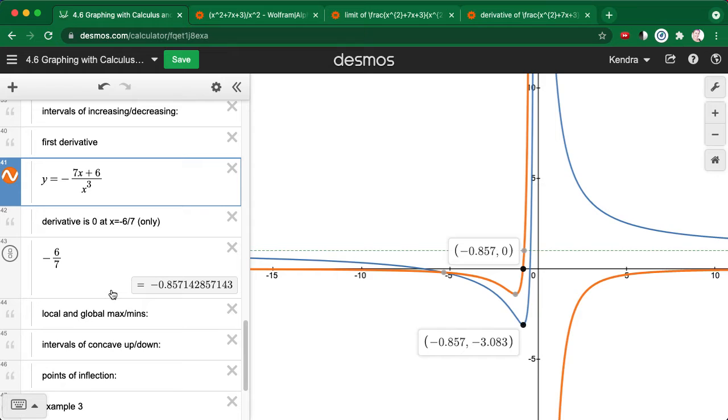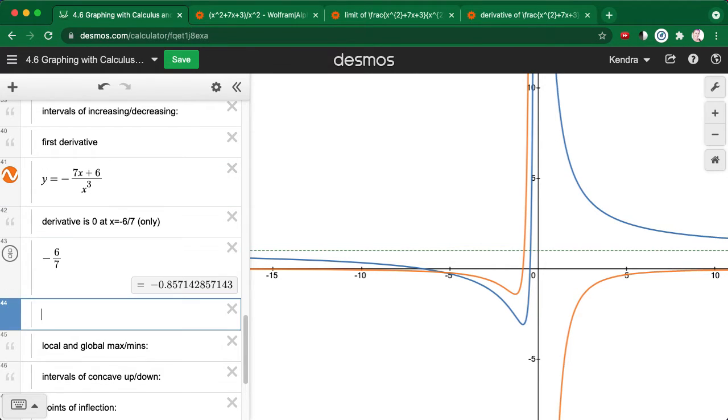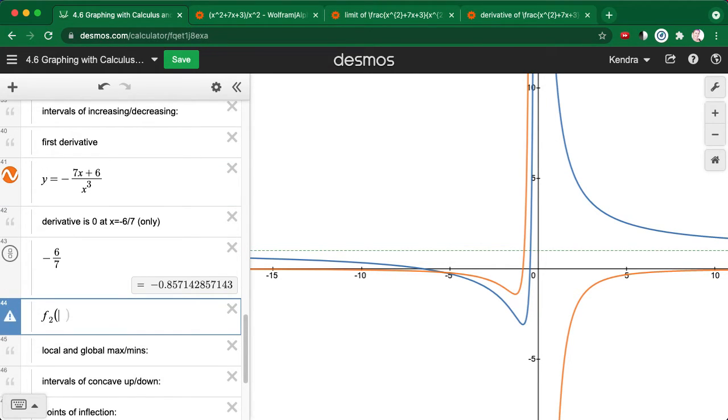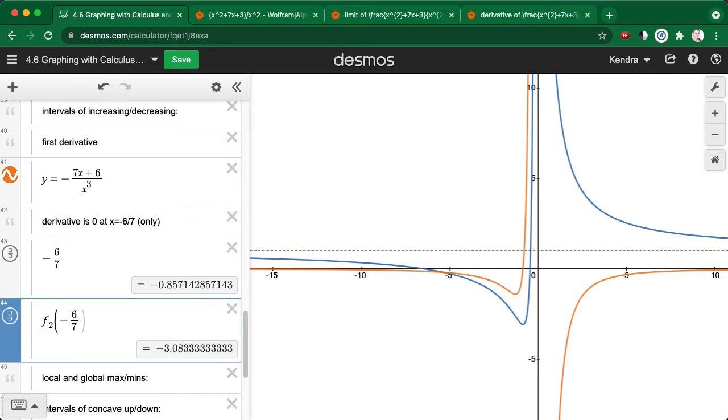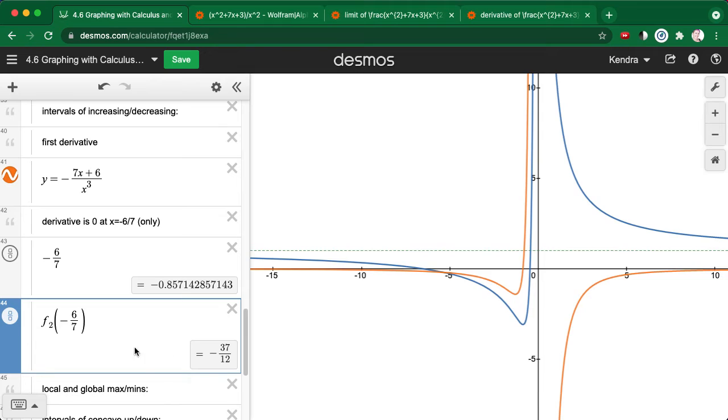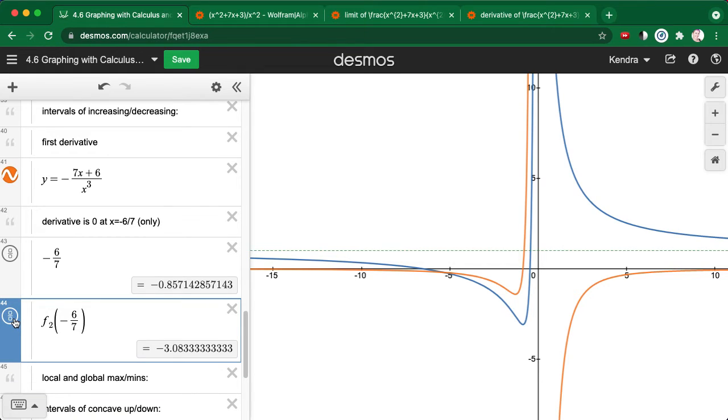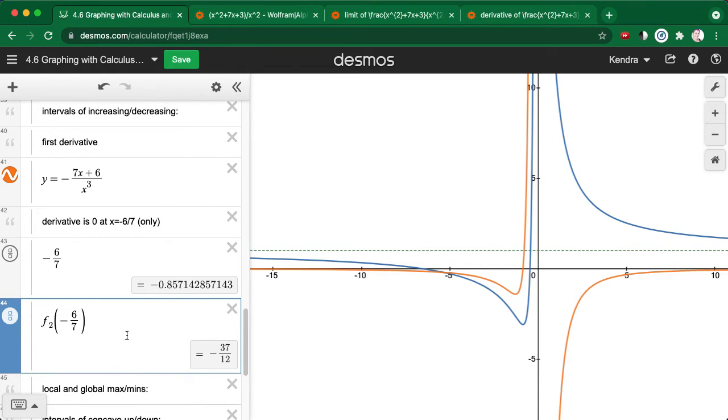Okay, and so I can calculate what is f2 of negative 6/7. And I know that this is going to give me an actual rational number, since it's a rational function. So I can ask Desmos to give me the fraction version. So what does that tell us? The derivative is negative for all x values to the left of negative 6/7.